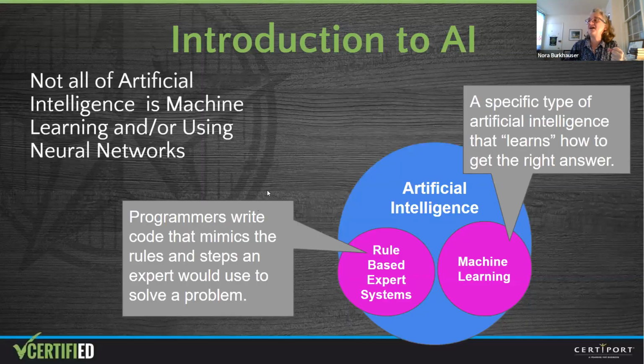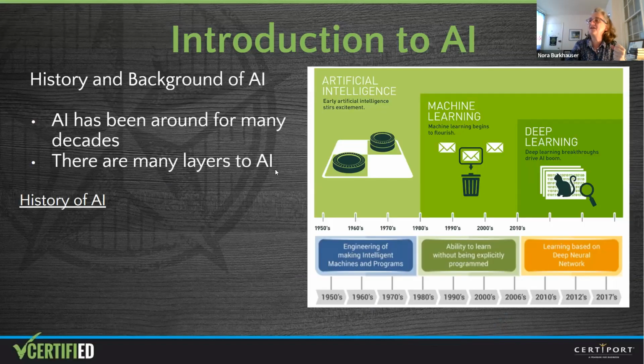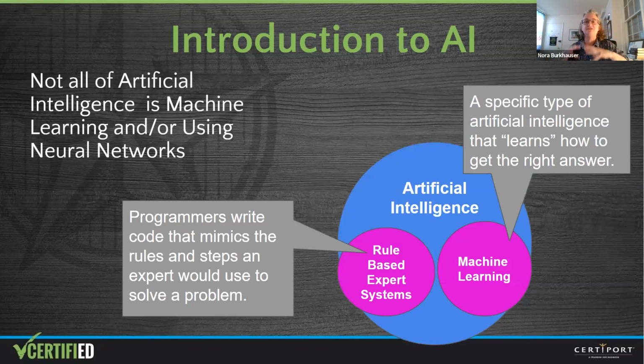And in addition to that, AI also comes in a lot of different flavors. It's not just artificial intelligence. A lot of people use artificial intelligence in conjunction with machine learning, but they're really one inside the other. There is AI that's not machine learning. So that's what I'm talking about on this particular slide.